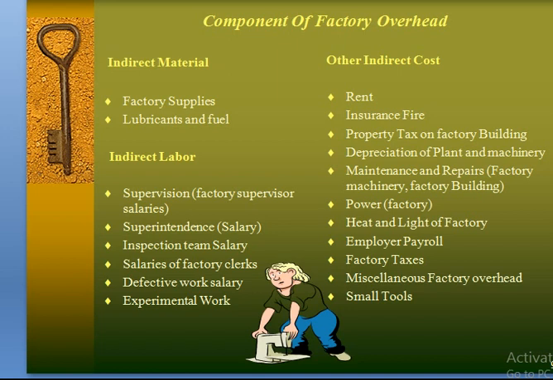Power is the electricity which is used in the factory machinery. Light is the electricity which is used in the office. So both are indirect cost. Taxes, depreciation, miscellaneous factory overhead, etc. These are the examples of other indirect costs.